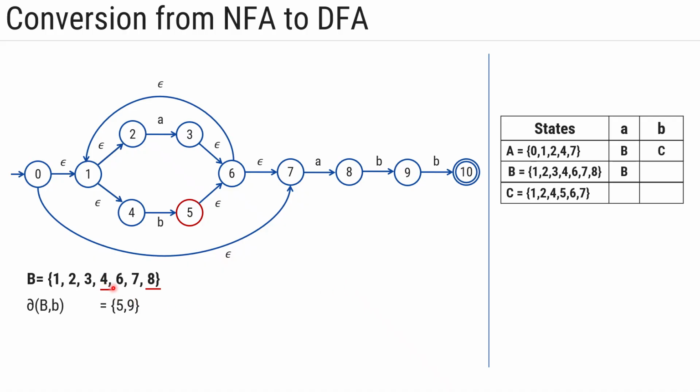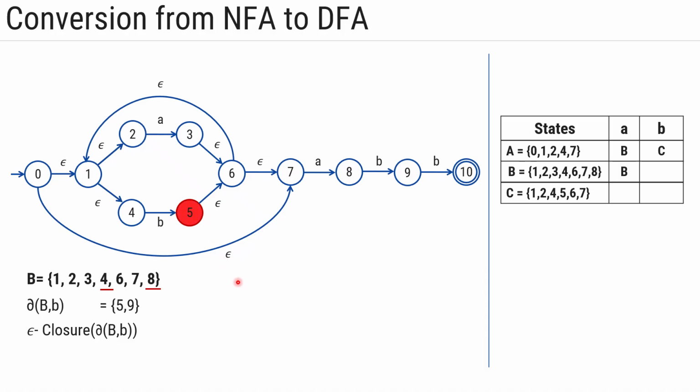Then again you have to find the e-closure of delta of B comma b, which is nothing but 5 comma 9. Then the e-closure of 5 is what? The 5 I already color coded, underlined that.